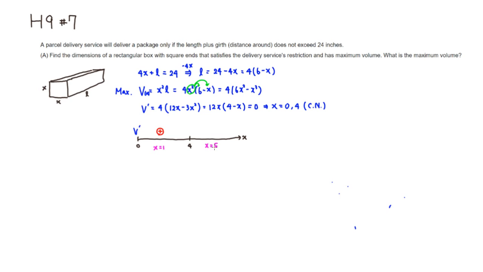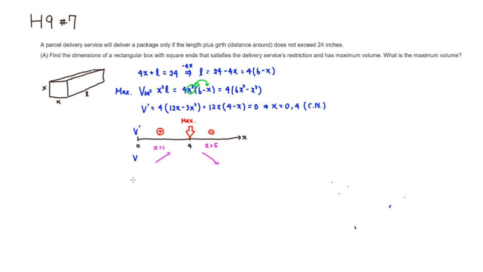If you plug in 5, 3x is positive, 4 minus 5 is negative, so it's going to be negative. Which tells you that the volume function V is increasing on the interval between 0 and 4, and after 4 it's decreasing. So this tells you that we're going to have a maximum at 4. So when x equals 4, it's going to be a maximum.